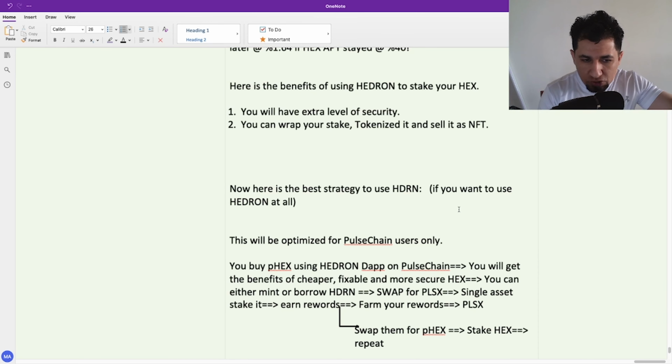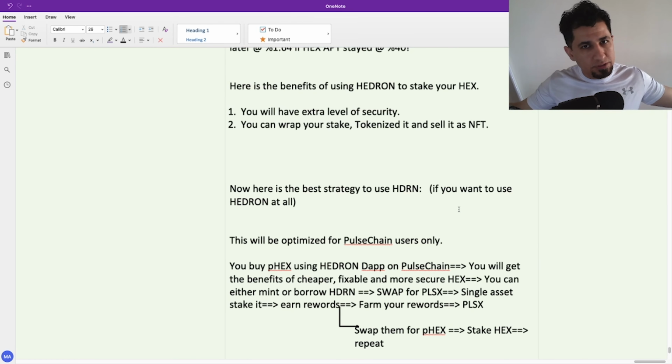We have split routes, right? You can take the rewards in the form of xPLSX, farm them to get more PLSX, or you can swap them for HEX. Take that HEX, stake it, and repeat. You with me? This is not all.